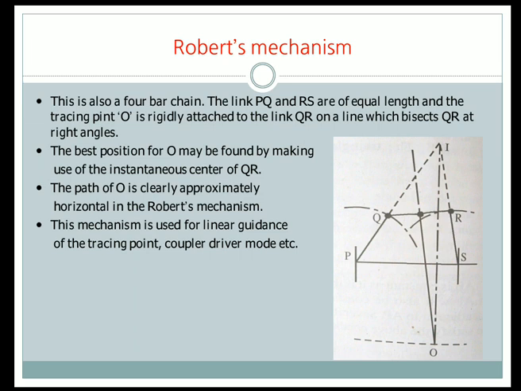So they can move only within the shown arc. When they are moved, the point O attached to the QR traces approximately a straight line. So the path of O is clearly approximately horizontal in the Roberts mechanism.